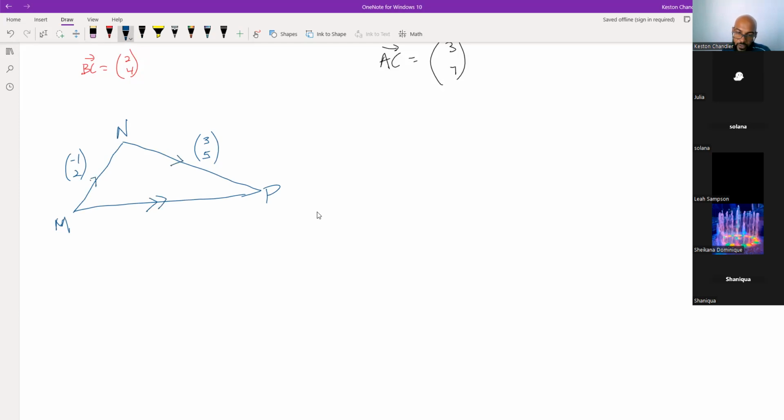Right, always look at the direction of the arrows, right? Because they could change the direction of the arrows. And if you want something, you might need to adjust accordingly. I'll show you how to do that just now. So here I want you to find MP, right? Make sure and state what you have from the diagram.